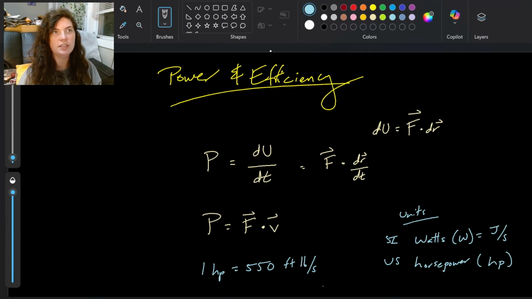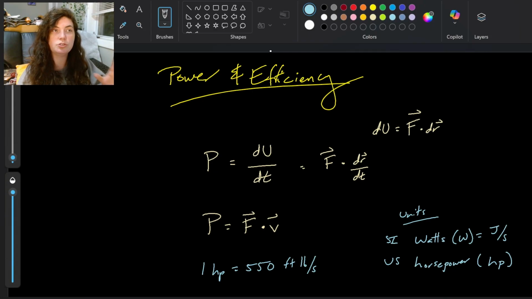So that 550 foot-pounds per second, usually we're going to have to convert horsepower into our foot-pounds per second before we can really work with it in our equations. And then horsepower is usually the thing it gets rated at, the thing that it's sold as, marketed as, and the conventional unit that we have in customary US units.